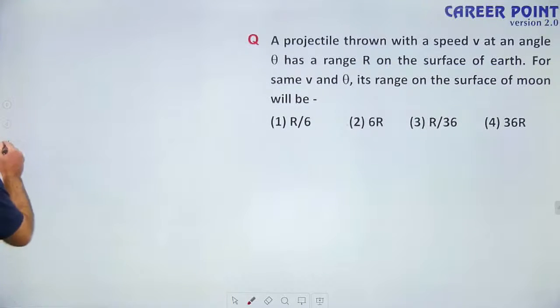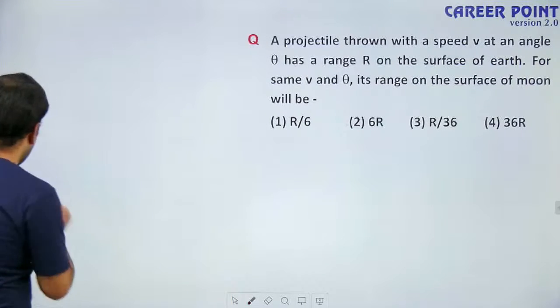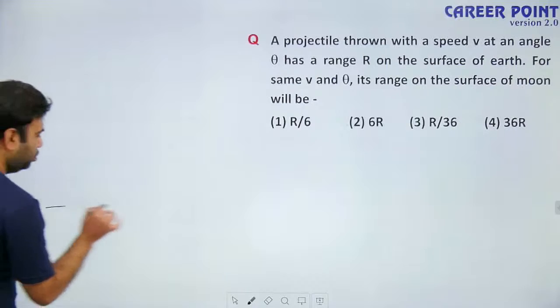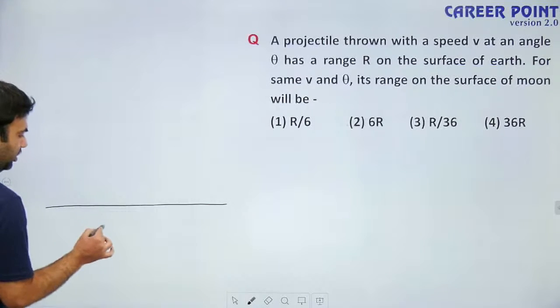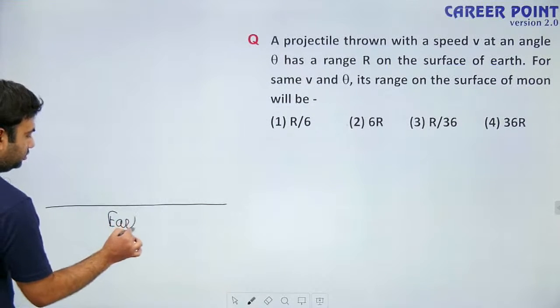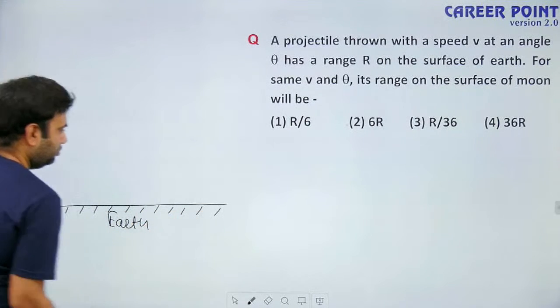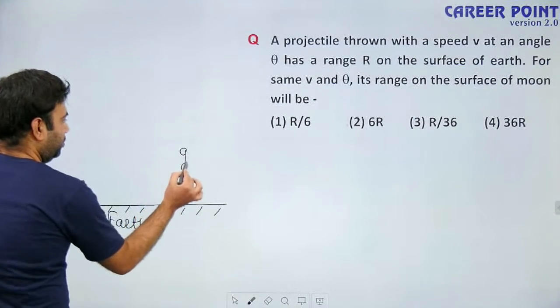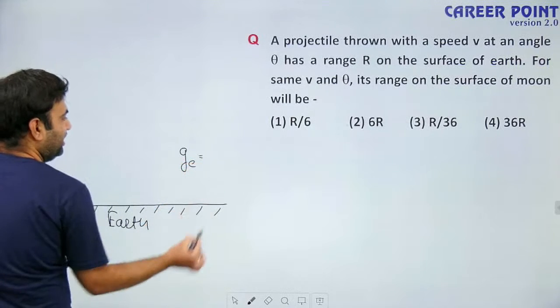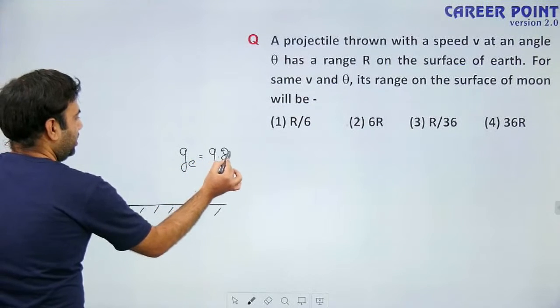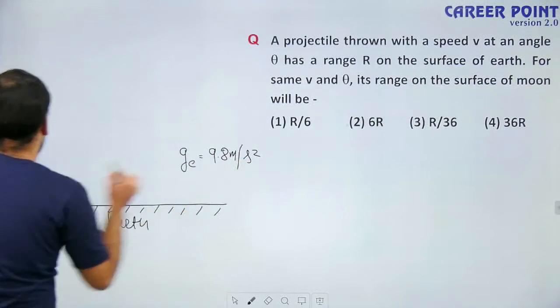Now, see, if we talk about the moon, for earth, on the surface of earth, you know, acceleration due to gravity on earth is equal to 9.8 meter per second square.